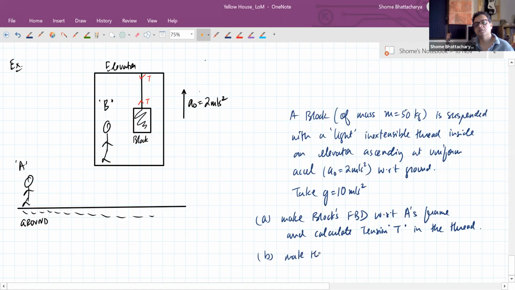Again, make the block free body diagram, but with respect to B's frame, and find out the tension.